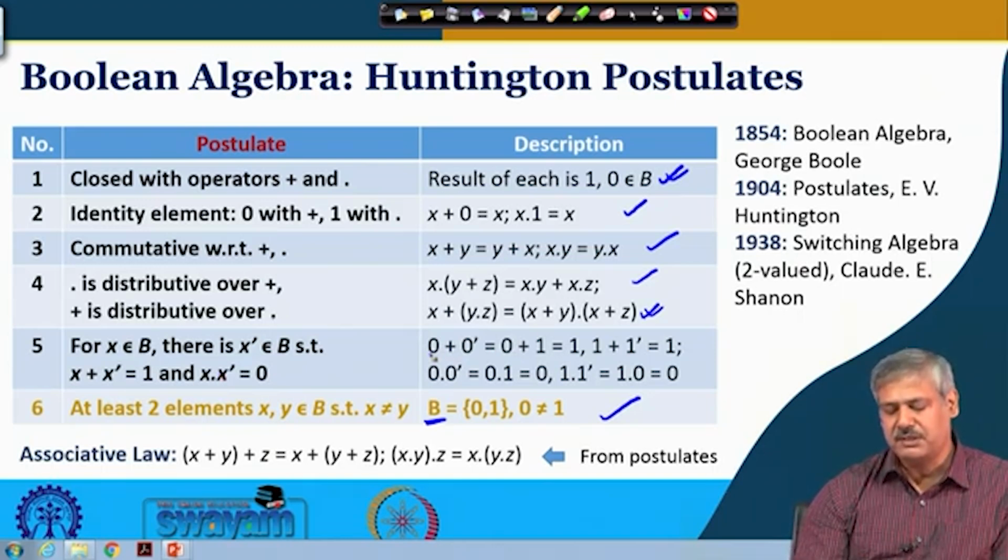Let us see its significance. 0 plus 0 prime: 0 prime is 1, its complement is 1, and 0 plus 1 is 1. Similarly, 0 and 0 prime is 0 and 1, which is 0. Similarly, it will happen for the 1 plus 1 prime case and the 1 dot 1 prime case, where you get 1 over here and 0 over there.